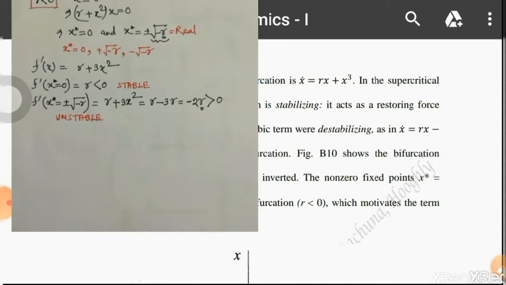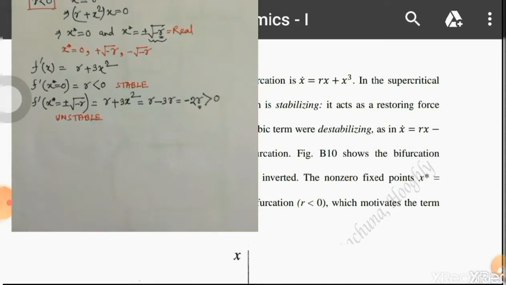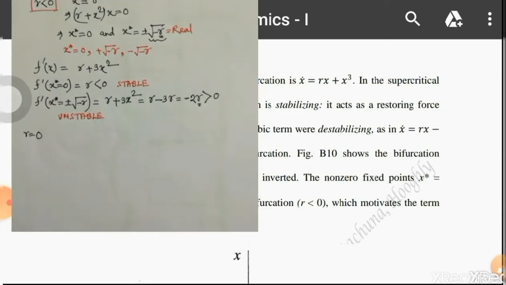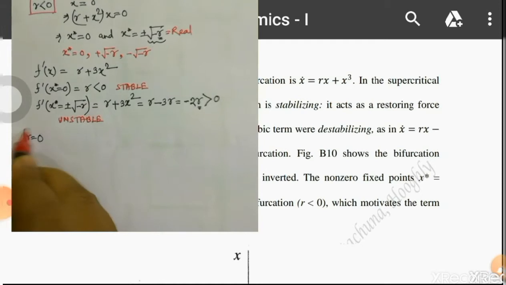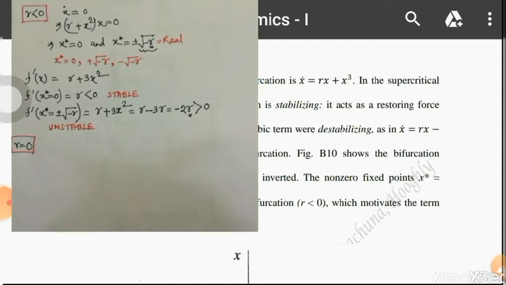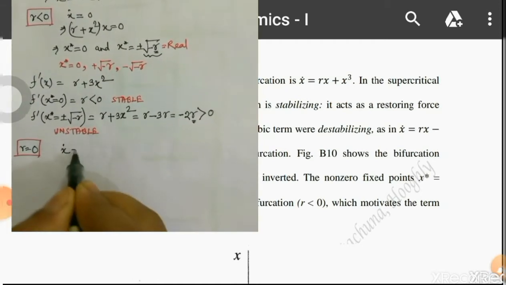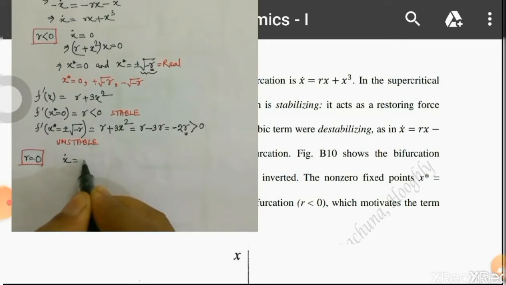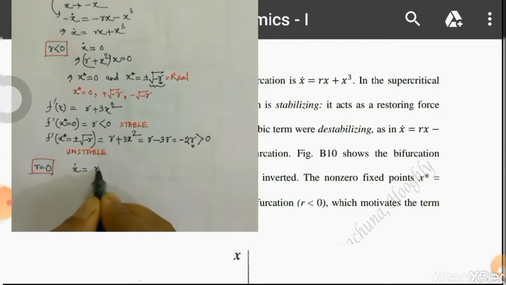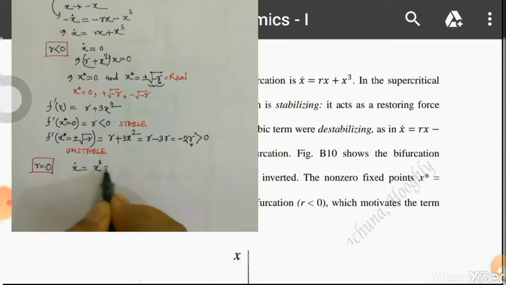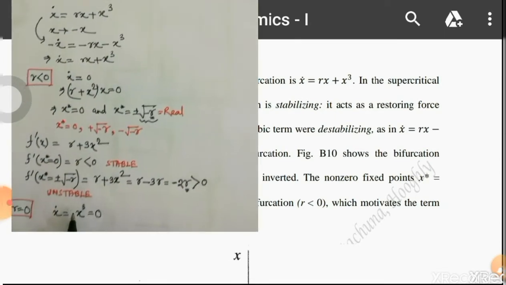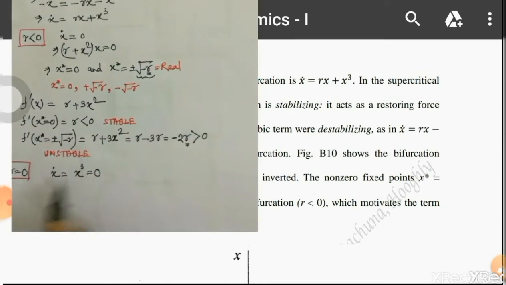Okay, next we will consider the r equals 0 condition. When r is equal to 0, the fixed point condition is x dot equals x cube equals 0, because now r is equal to 0.